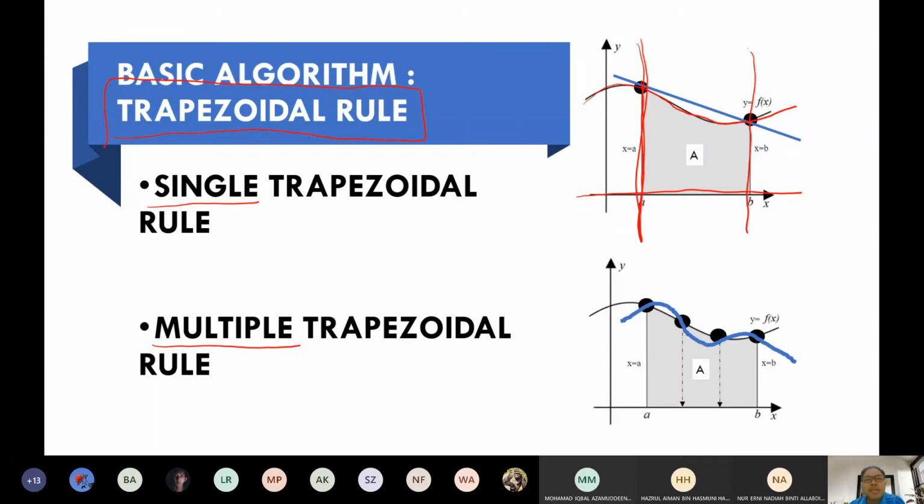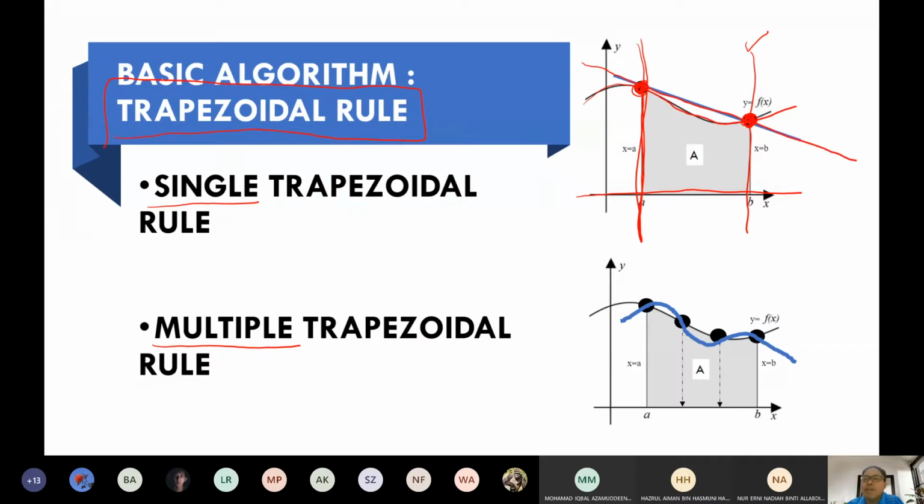So in order to use the single trapezoidal rule, we have to establish 2 points: one where the curve intersects the line of the lower limit, and another point where your curve intersects the upper limit. To complete the development of the trapezoidal rule, we have to connect these 2 points by a straight line.